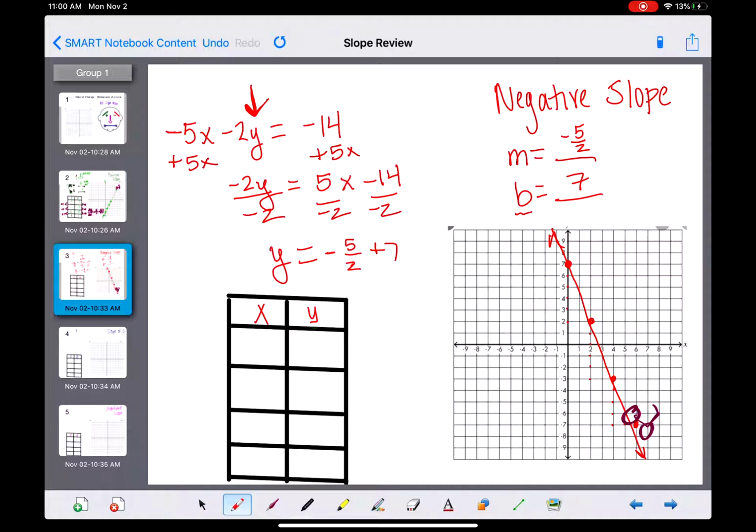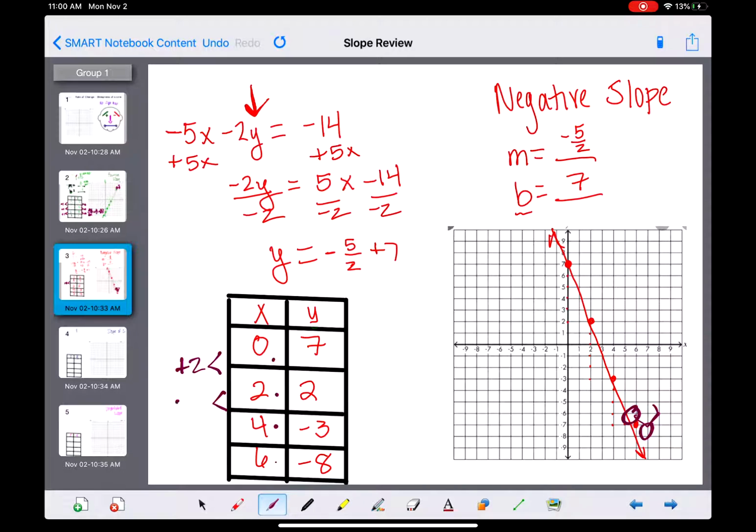If I write down my coordinates, this time I have (0, 7), (2, 2), (4, -3), and (6, -8). This is a function. No x values repeat. It is linear because it has a constant rate of change.